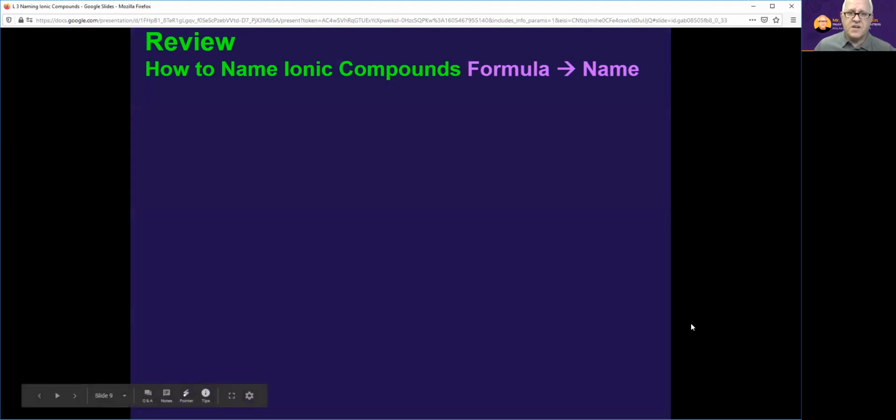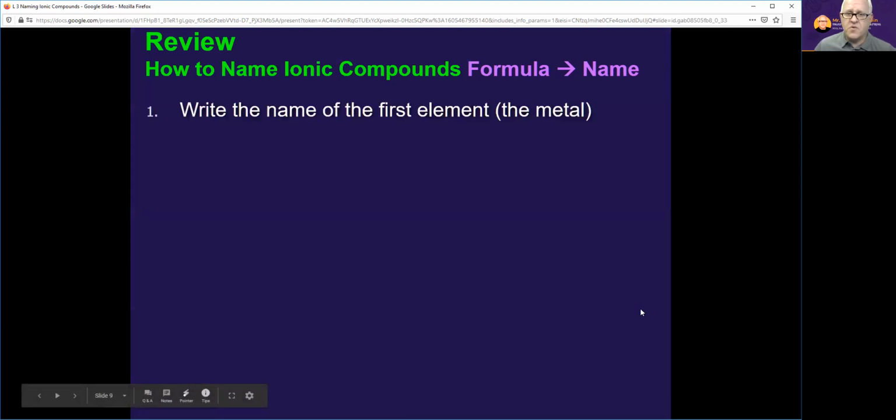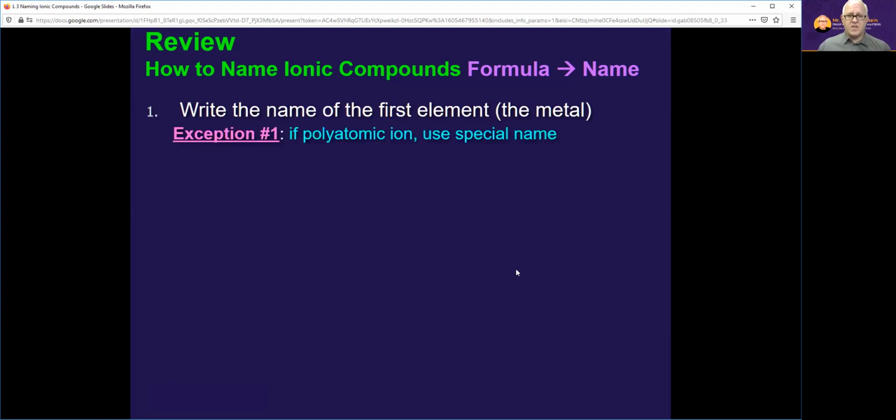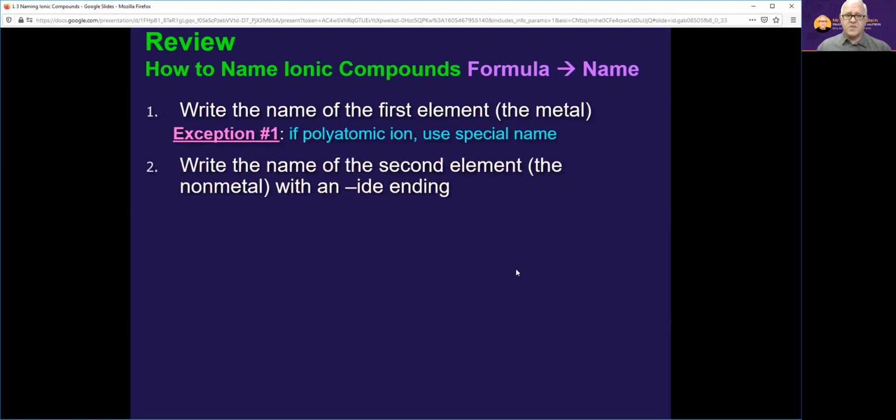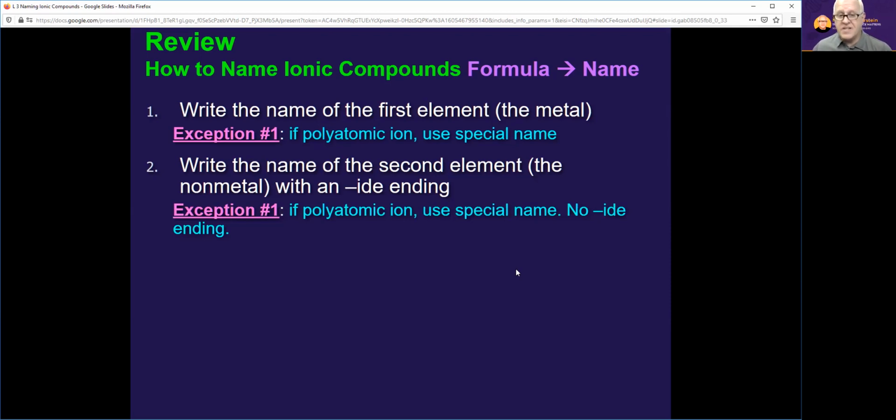So let's review how to name the ionic compounds from a formula to a name. First, write the name of the first element, the metal. The exception, if it's a polyatomic ion, use the special name. Write the name of the second element, the nonmetal, with an IDE ending, unless, of course, it's a polyatomic ion, then use the special name with no IDE ending.